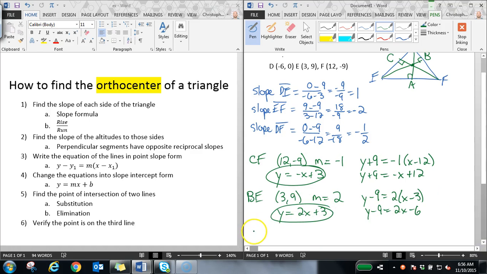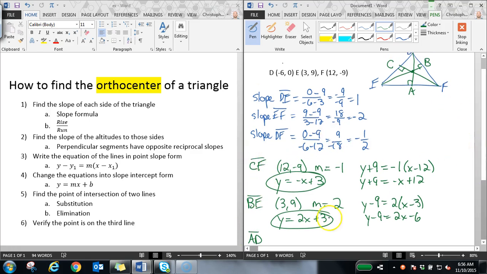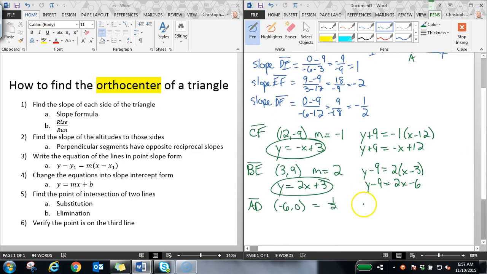And our last altitude, AD. Well, we're going to use the point D, which is 6, 0. AD is perpendicular to EF. EF's slope is negative 2, so this has to be positive 1 half. So again, we just plug in, that's m equals 1 half.